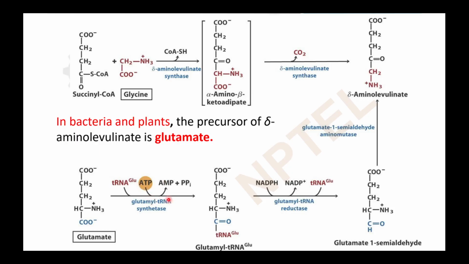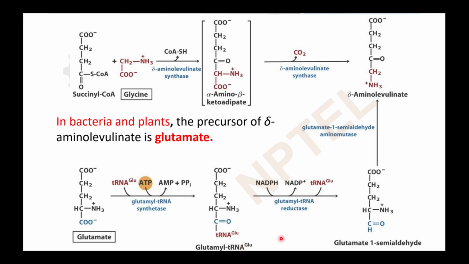So this ATP is hydrolyzed into AMP and pyrophosphate is released, and this drives the reaction forward. Basically, this provides the energy for the reaction to go ahead. So tRNA, which is specific for glutamate, gets attached to the glutamate, forming glutamyl tRNA.